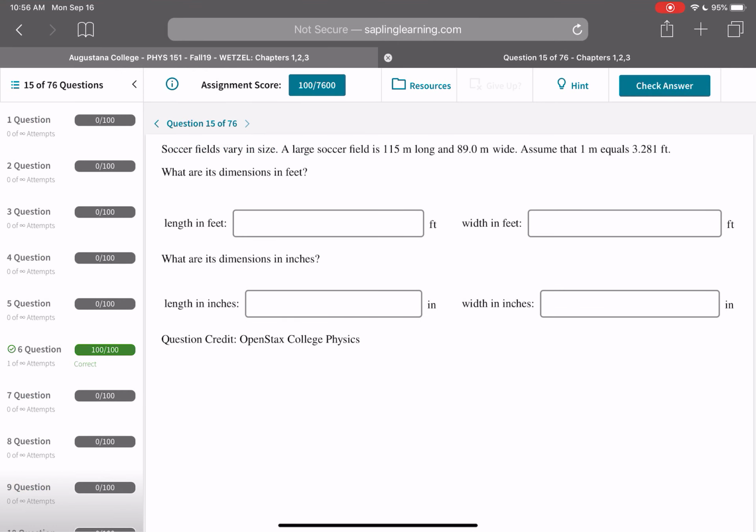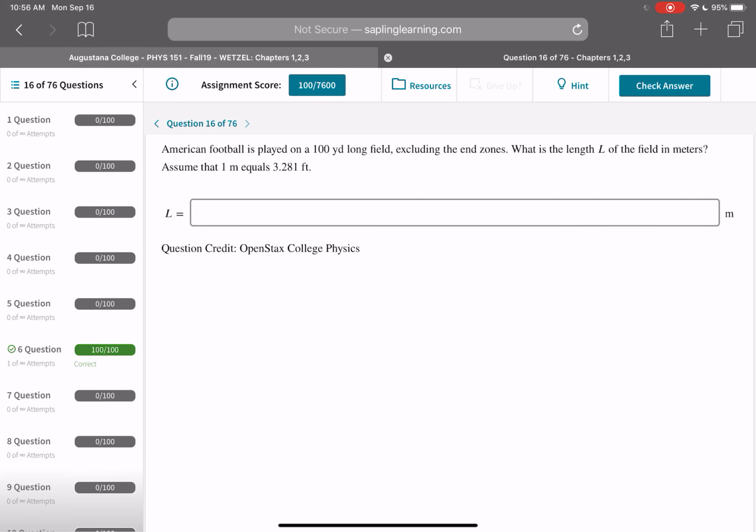Soccer fields vary in size. The soccer field is 115 long and 89 wide. Assume that 1 meter equals 3.28 feet. What are its dimensions in feet? Okay, so 115 times 3.28 will give you the length in feet, and the same for the width in feet, and then multiply that by 12 to get your inches.